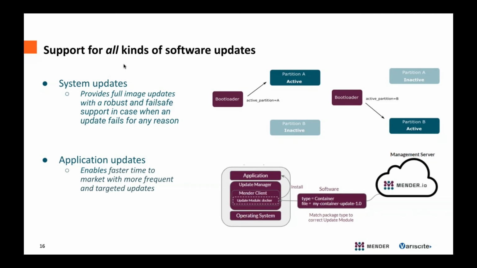They might require a service restart. And these kinds of updates are obviously more appropriate for more frequently updated components of your system, typically your application stack, as well as things that you need to get out really quick and not have to worry about a full image update, both the time and the bandwidth needed for that.